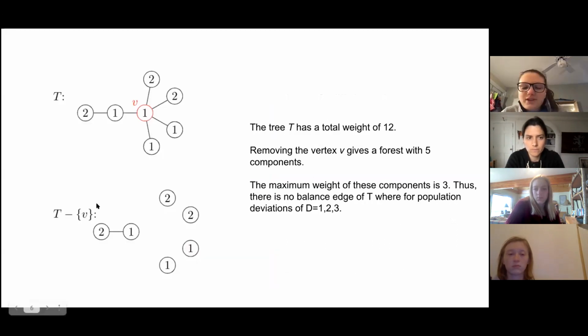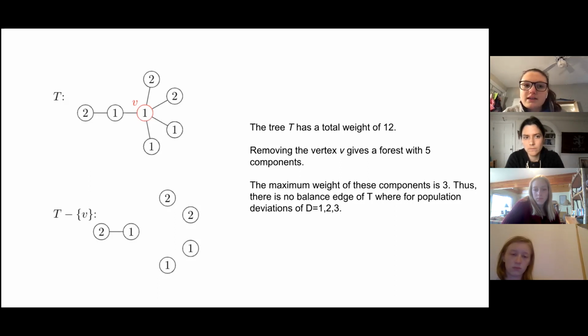For example, this is a much smaller example, but it's a tree with total weight 12. And if we check every single edge and remove it, there are no balance edges in this. The way that I was thinking about this problem was to change the question from looking for certain edges to looking instead for certain vertices.